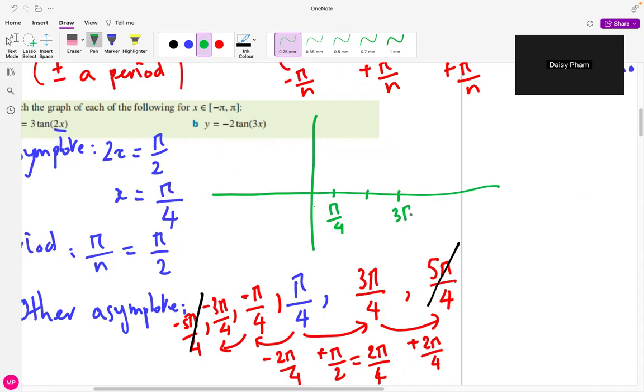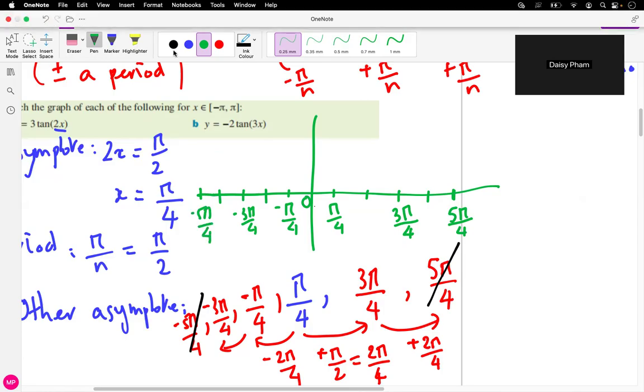So the scaling is really important, okay? 4π/4, and this is 5π/4. It's not in the domain, but I just want to add it in so I can show you where to cut off. And you have 0, you have negative 1π/4 here, negative 2π/4, negative 3π/4, and then negative 4π/4, and negative 5π/4 here, right? So be careful with the scaling.